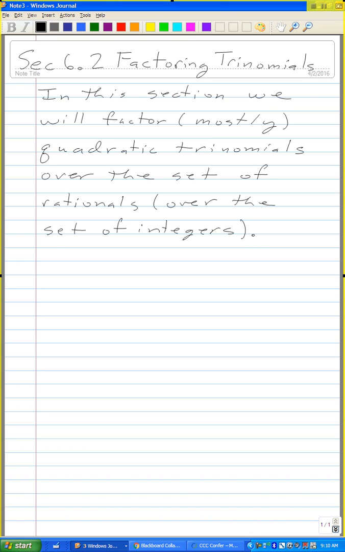So we're going to be looking at quadratic trinomials, expressions of the form ax squared plus bx plus c for some constants a, b, and c. So let's look at some cases.